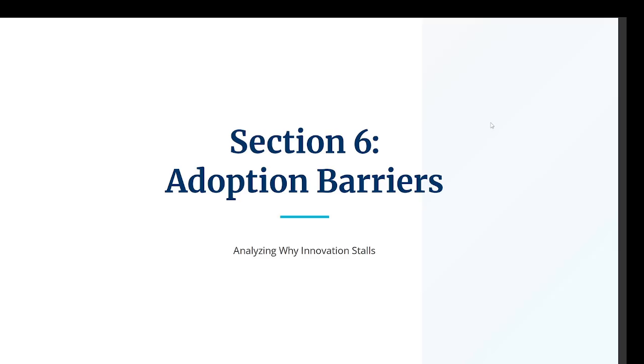Understanding these barriers is essential for healthcare entrepreneurs because even highly effective technologies can fail if implementation challenges are ignored. Common obstacles include limited financial resources, inadequate infrastructure, and resistance to organizational change.